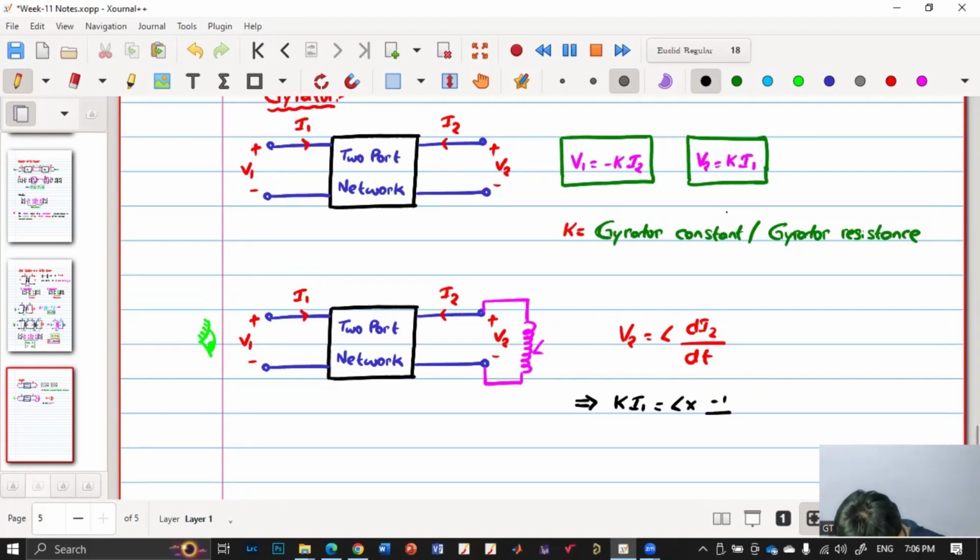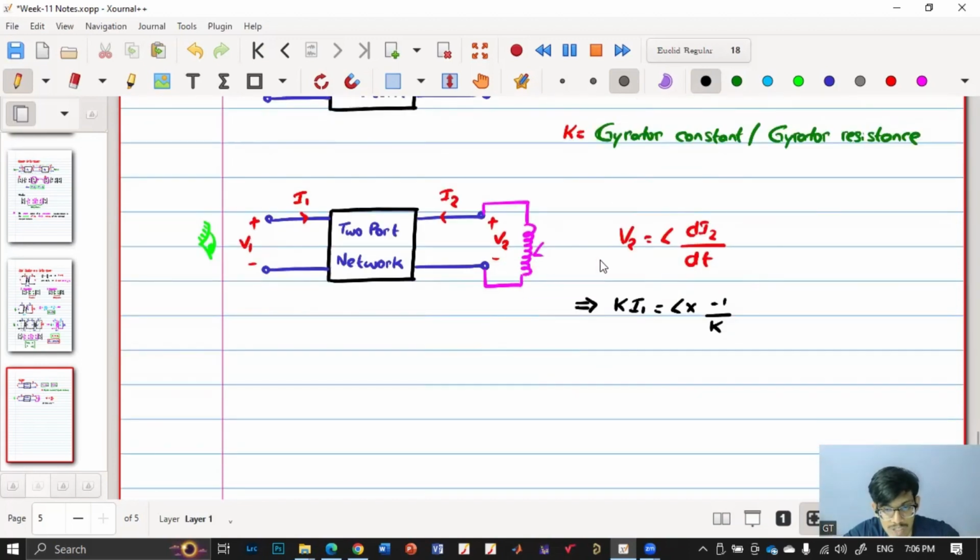Since I2 is in the opposite direction, there will be a minus sign, and that minus will be over here: minus L into minus 1 by K into dV1/dt.